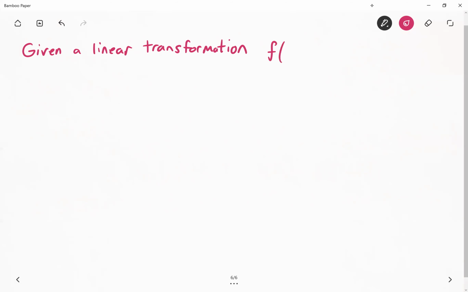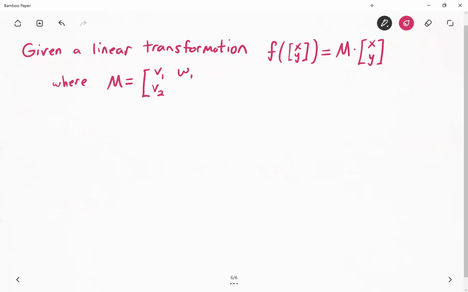This is going to be f of the vector (x, y) is equal to some matrix M times (x, y), where M is written with a focus on its columns, V1, V2, W1, W2. The columns, I'll refer to those as vectors V and W.